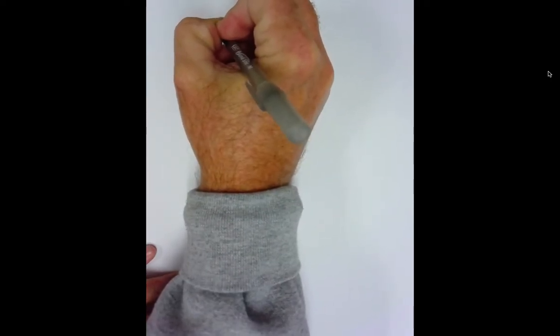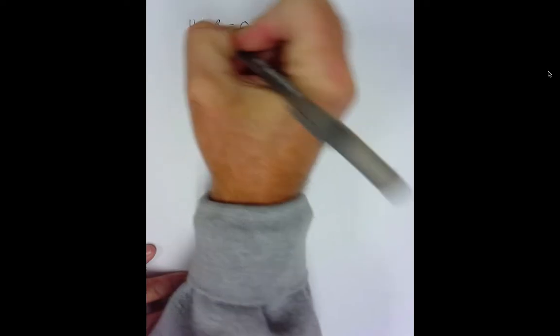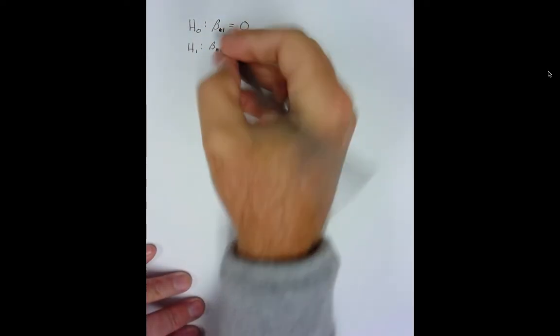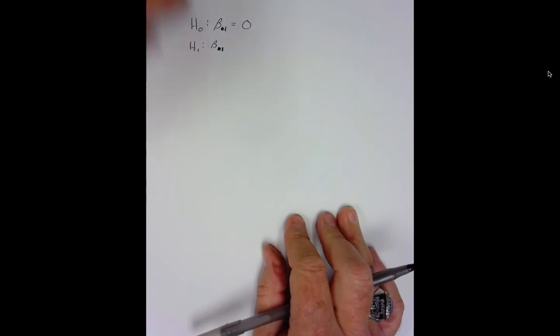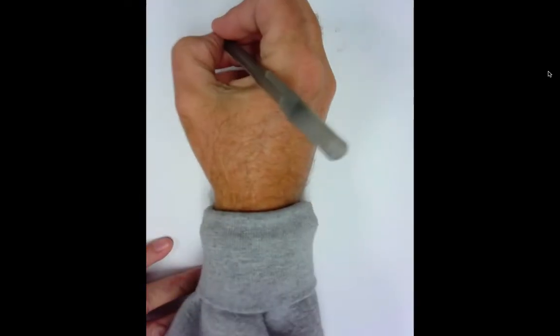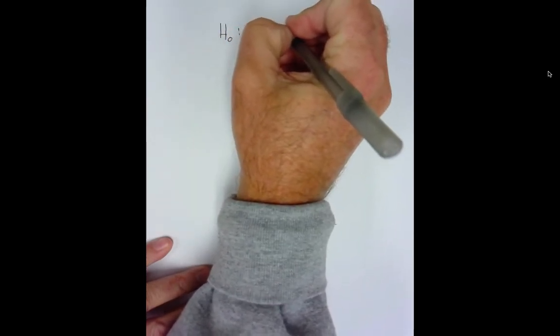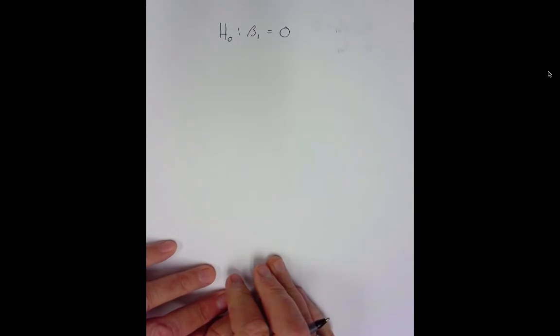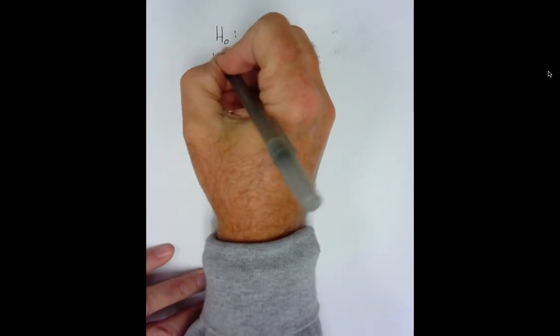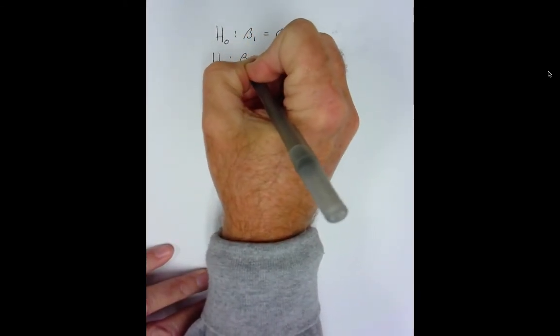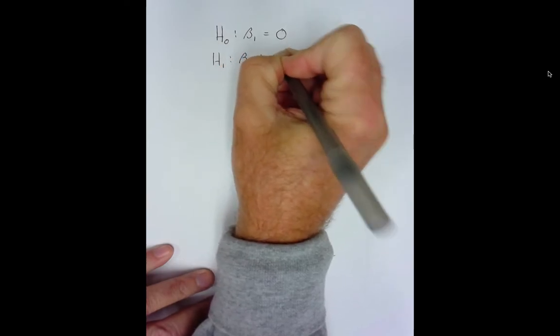It should be B1. That the slope of the regression model is equal to 0 unless we find evidence otherwise.